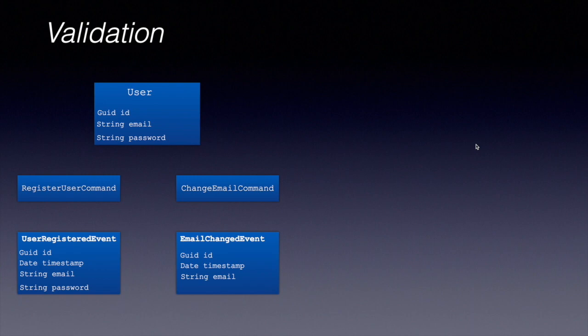But what happens if the user registered event is stored in the event store but not yet updated in the read storage, and a new user tries to register with the same email ID? The validation happens against the read storage, which still hasn't received the update from the event store, so there is a problem. In this scenario, we end up with two events stored in the event store with the same email ID. So how should we tackle this kind of scenario?